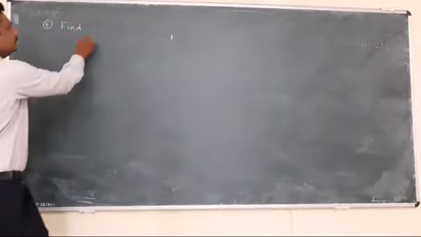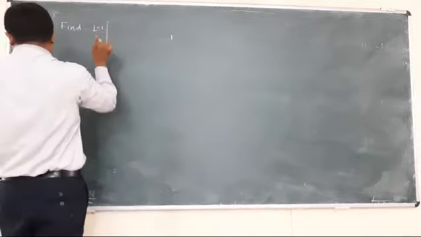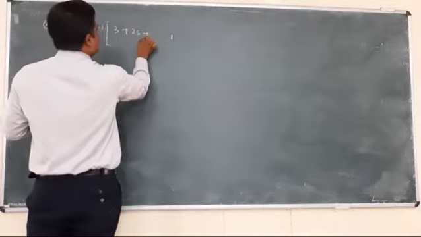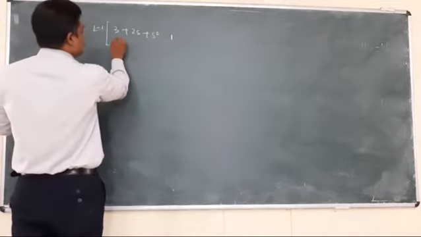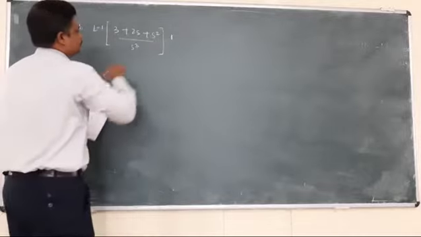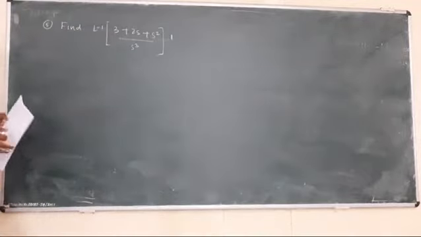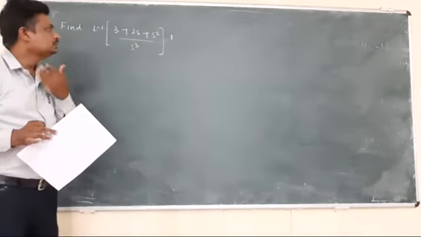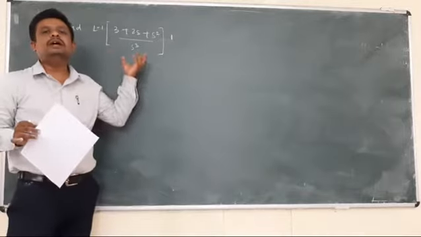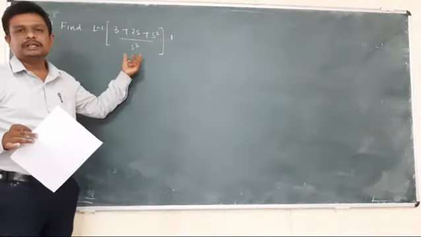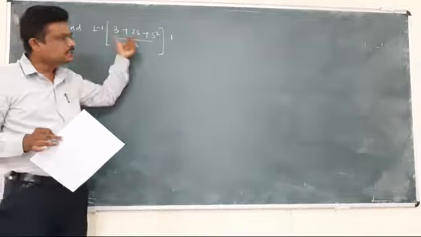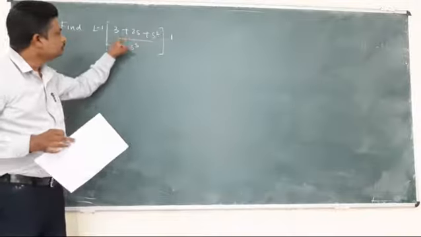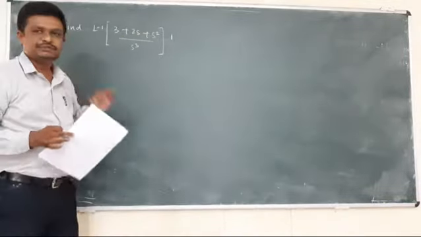Find L inverse of 3 plus 2 into S plus S square upon S cube. Now we can see this example is not in the standard form. Standard form means directly we can apply the formulas. Here directly I cannot apply the formula. For that, I will simplify this one, then I will go for the formula. So first, in the first step, I will split this one.